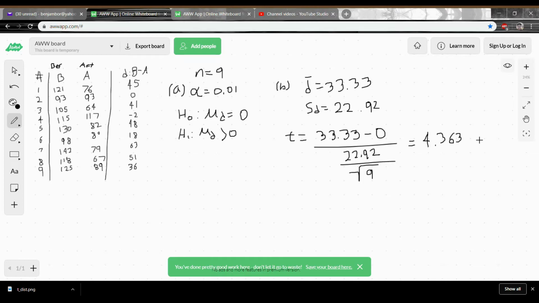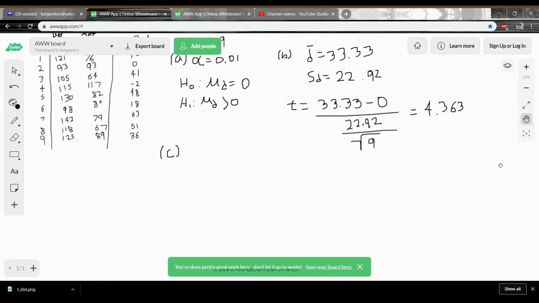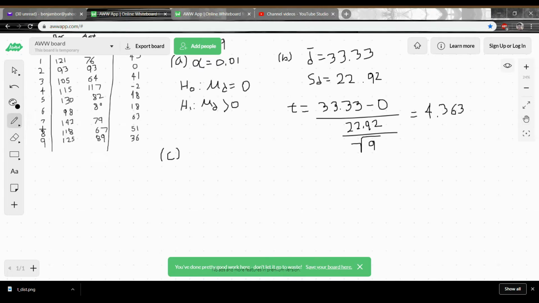Okay, now for part C, we want to find the p-value so that we can compare it to our level of significance. So let's start on part C down here. For it, we're going to need the table in the appendix, and I have that pulled up.